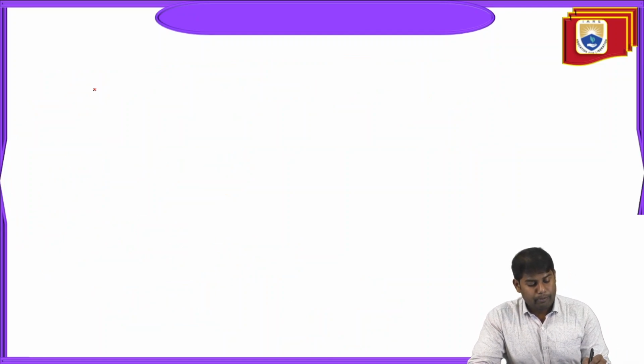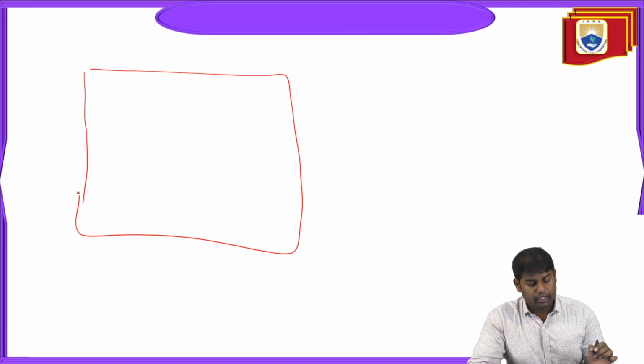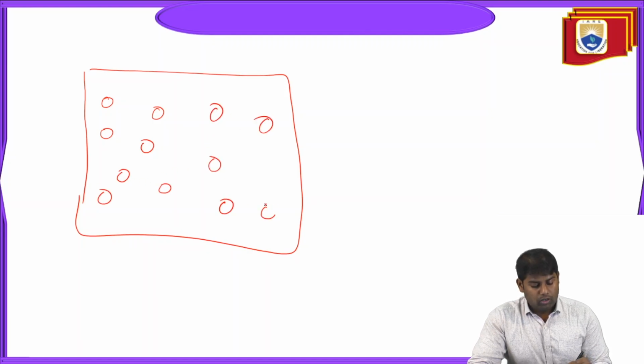Why? Because when you take any empty space or any coordinate, let's say an empty room, you take different air molecules, which will not remain stationary; they will vary with respect to time.